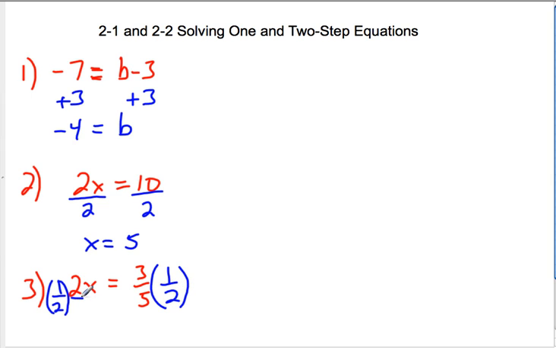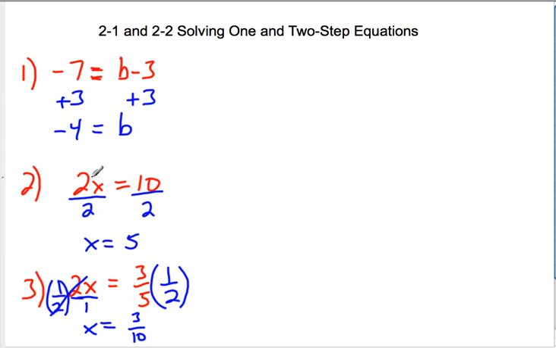And so what you can do here is make that 2x a fraction, and then the 2's cancel out, leaving us with x equals 3 over 10 here. And then you can check that answer by saying, well, 2 times 3 over 10 is 6 over 10, which reduces to 3/5.